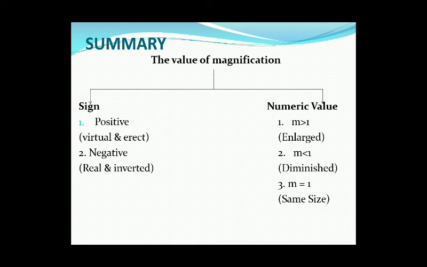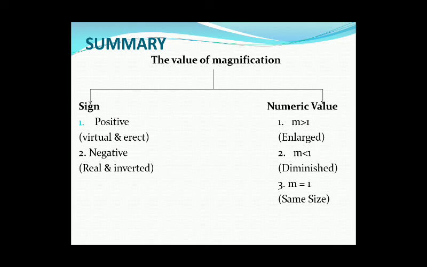And by the nature of the image formed, you can recall the position of object and position of image also. These types of questions may come in 1 mark, 2 mark, 3 mark. 1 mark if they are giving any value of magnification like this.